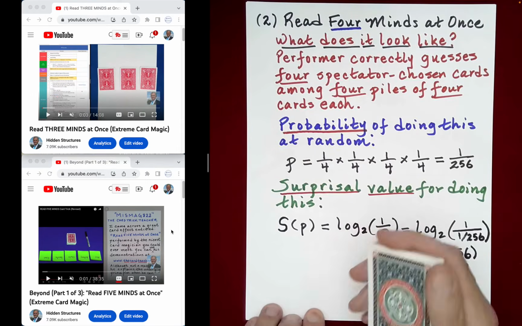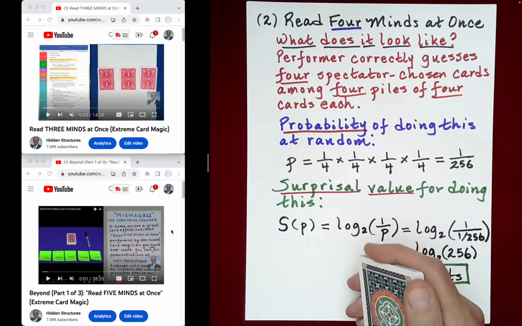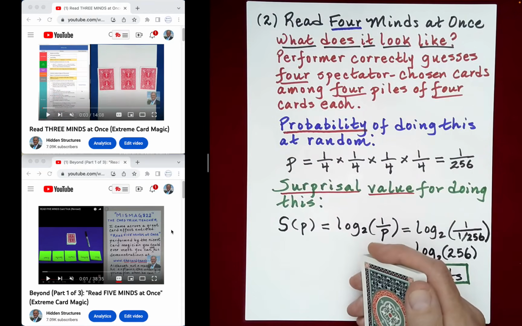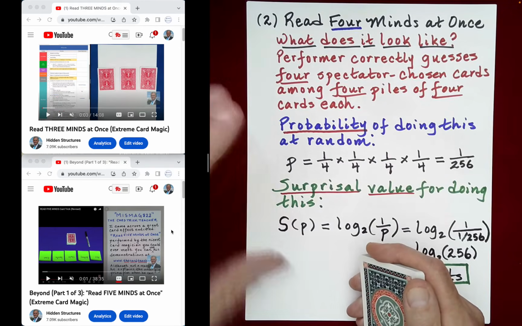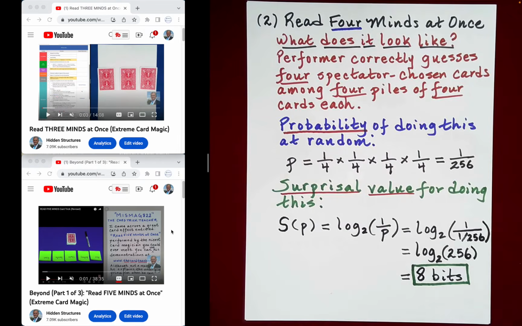And then you ask them which pile contains your second selection. And the moment they tell you which pile contains their card, you know what their second selection is, and so forth for the third and fourth piles. Okay, so the actual procedure itself is the same as that used for 3 piles of 3 cards each. So let's take a look at that.